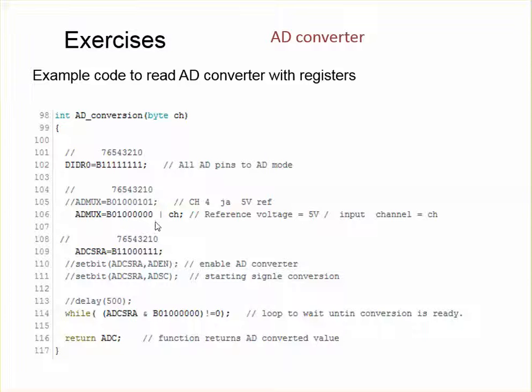So if we are using low bits for this variable to define the wanted channel where we would like to use the AD conversion, this channel number will be added to this ADMUX register value. So here we have defined the reference voltage, and for the lowest bits of this ADMUX we add the channel number that we would like to use for our conversion.